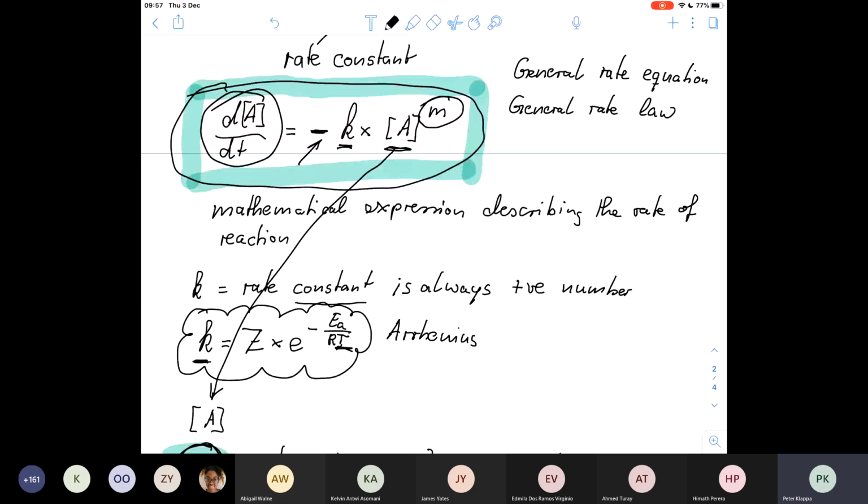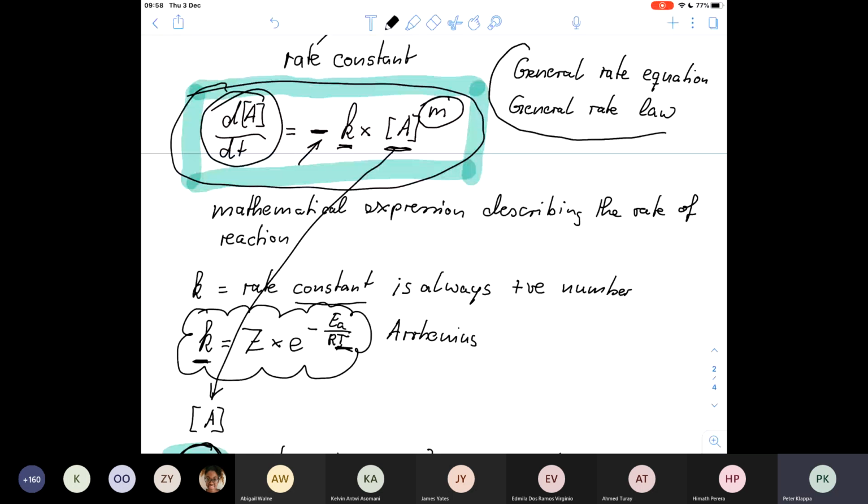We will see a reaction where the rate order even changes during a reaction, which is particularly nasty to work with. But we have to. So this is really what I want you to understand from today's lesson. And I want you to be able to write this general rate equation and general rate law. Does that make sense? Are you happy with that?